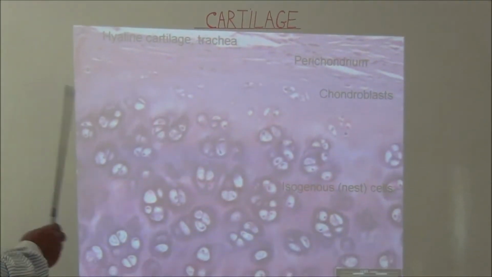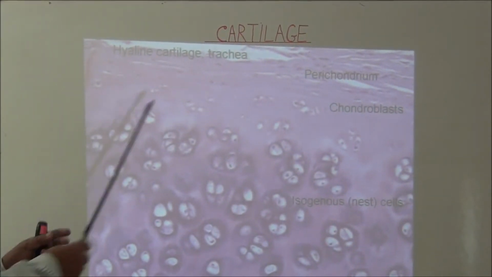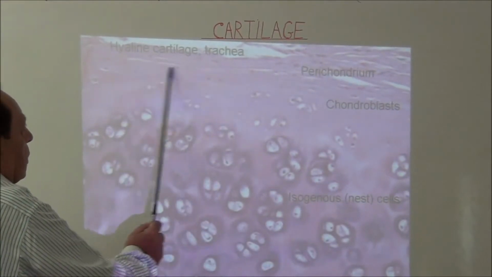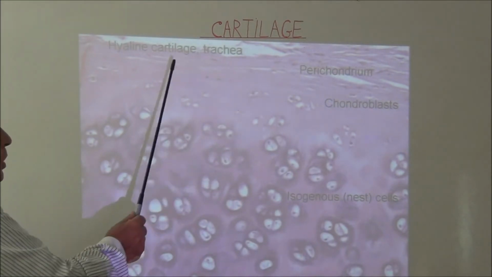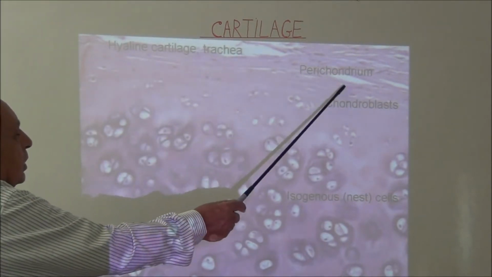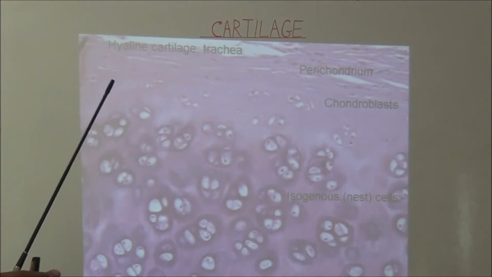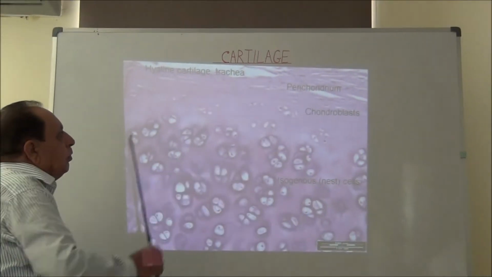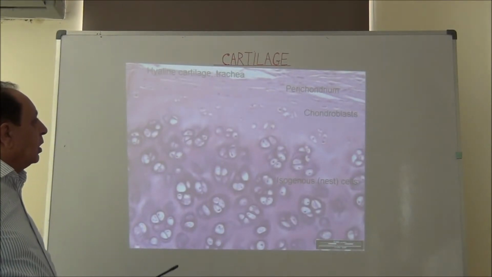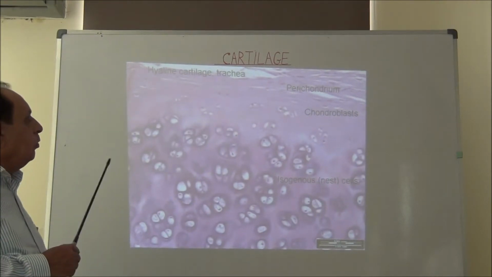Now, the hyaline cartilage is covered by dense connective tissue called the perichondrium. Just under the perichondrium, these chondrocytes are present. Here they are in the form of chondroblasts, and these cells are flat under the perichondrium, and their spaces called the lacunae are also flattened.